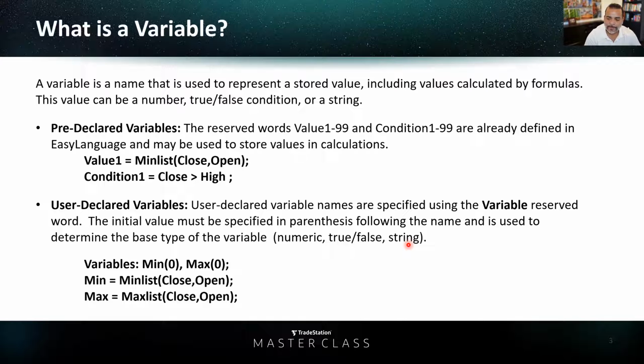For example, if you have a moving average column and you want to display a certain moving average mode, maybe bullish or bearish, but you want to see the actual word, bullish or bearish, you would have to use a string variable because it holds text. All right. So we're going to look at different examples throughout the presentation so you can see the different usabilities of variables and what you can do and not.